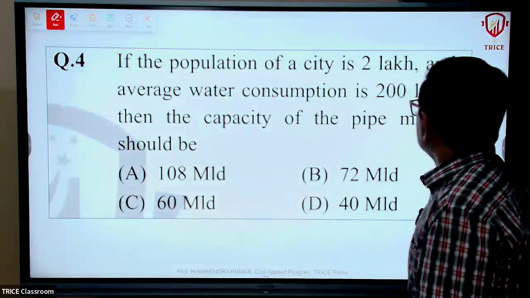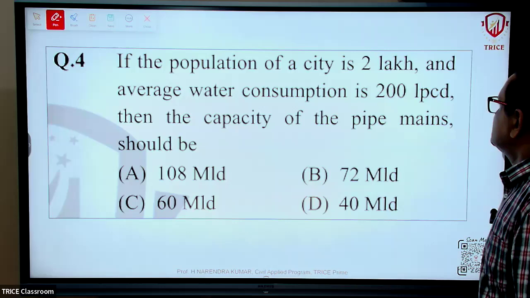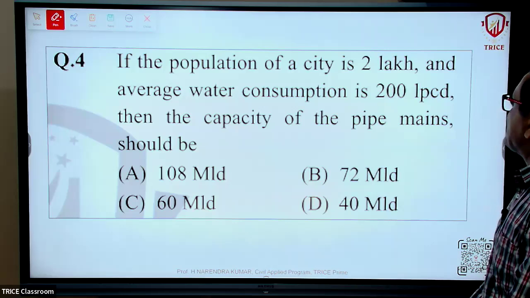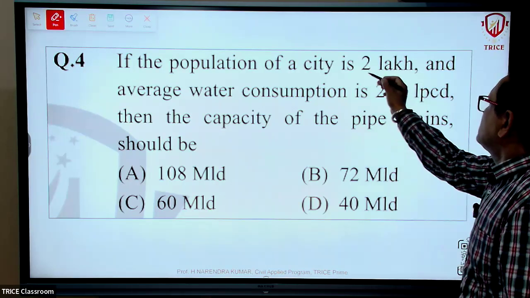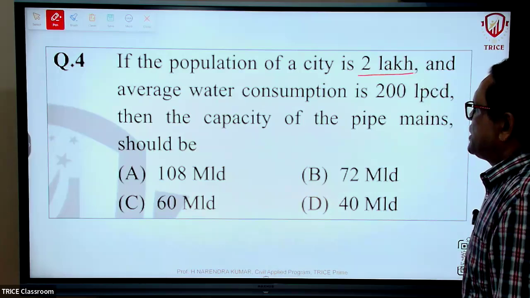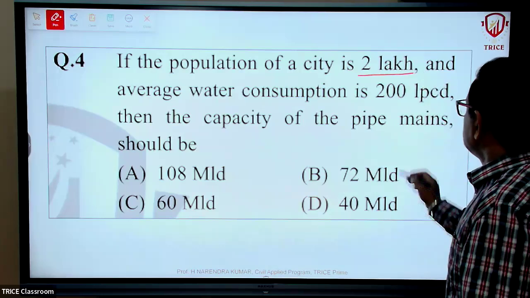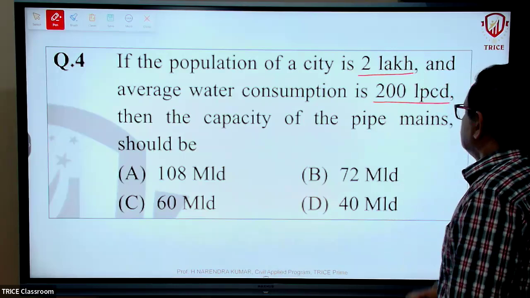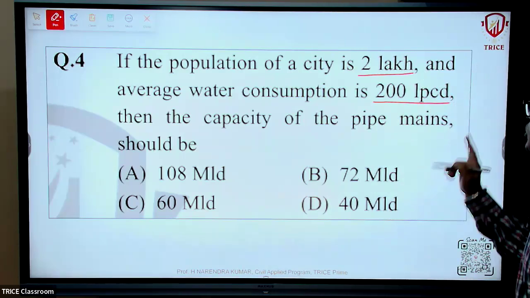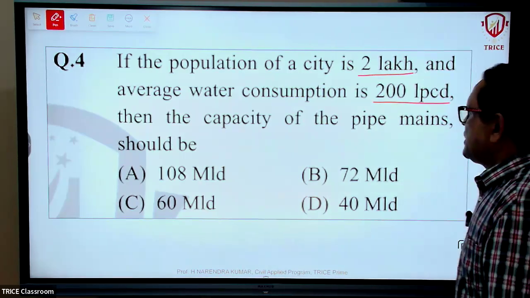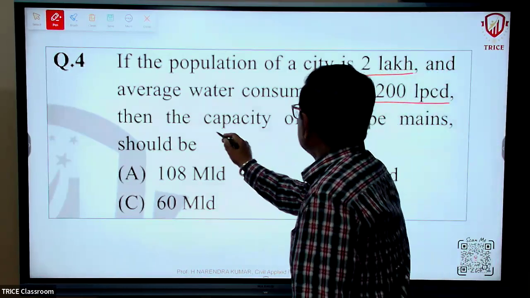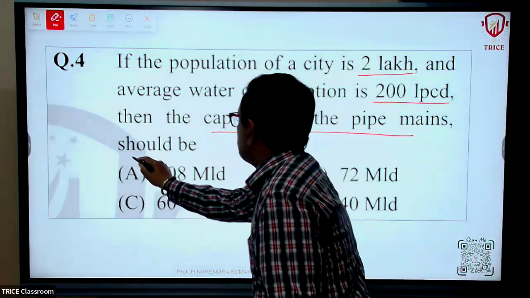So if you look at the next question, once again, it is a simple problem. If the population of a city is 2 lakh, and average water consumption is 200 LPCD, then what should be the capacity of the pipe mains?